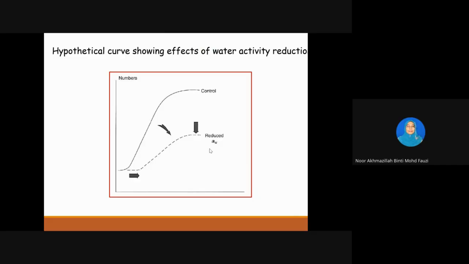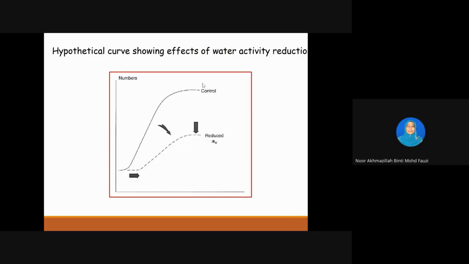So this is the relation between water activity and the microbial growth curve. It also shows the hypothetical curve showing the effect of water activity reductions. This is the control, which means that the water is not removed by a process.